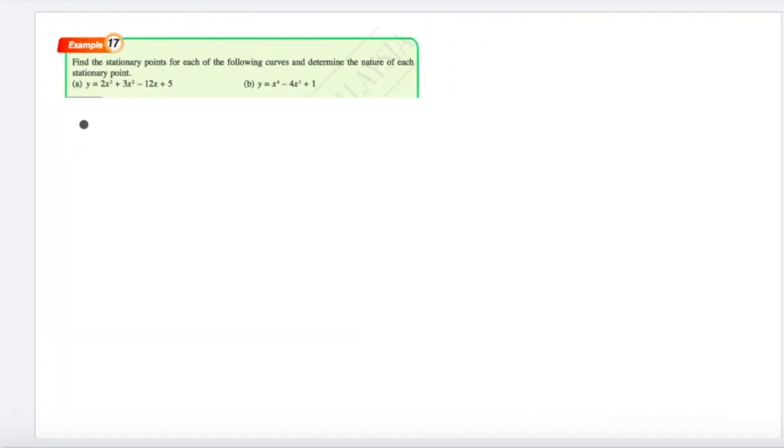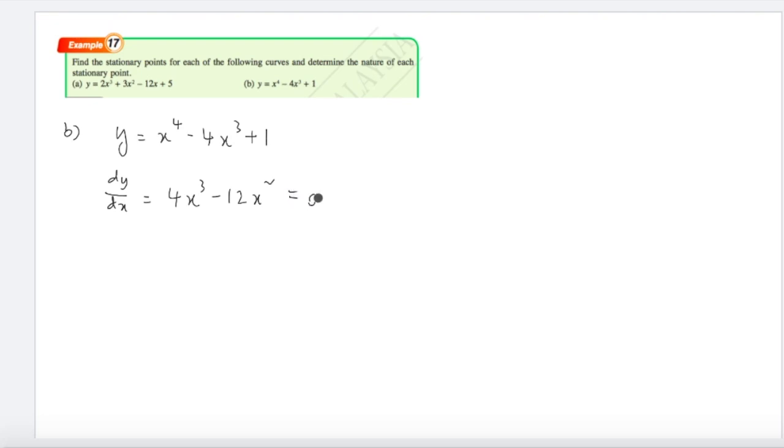Okay, now we see B. Last example for today. y equals x to the power 4 minus 4x to the power 3 plus 1. So dy/dx, because it is a stationary point, is 4x cubed minus 12x squared, and the 1 is gone. So at the stationary point it equals 0.